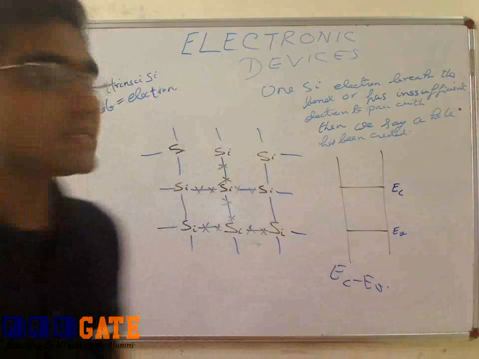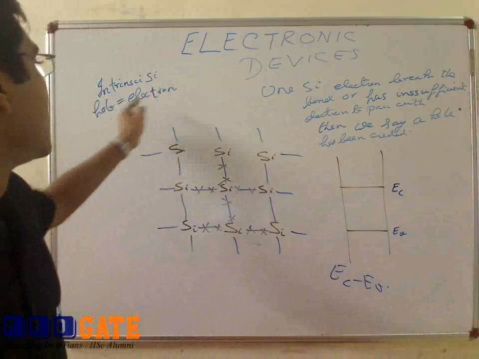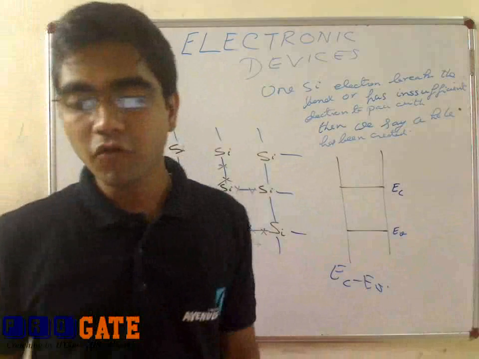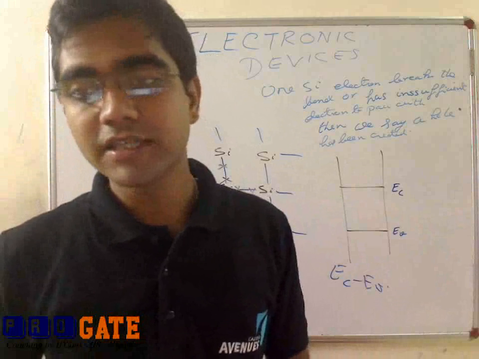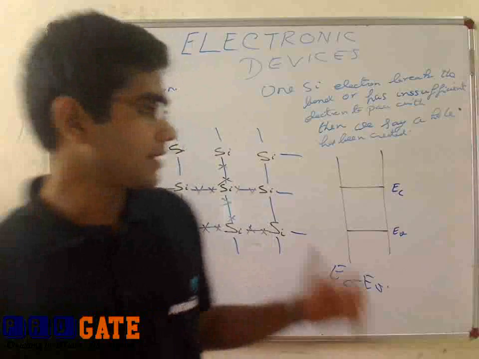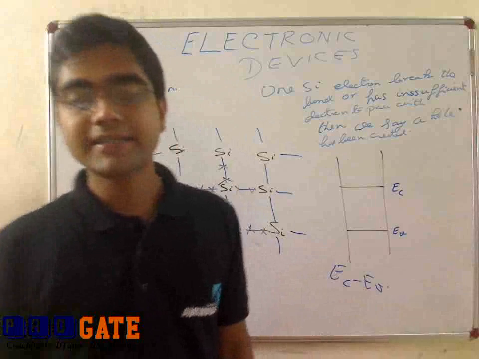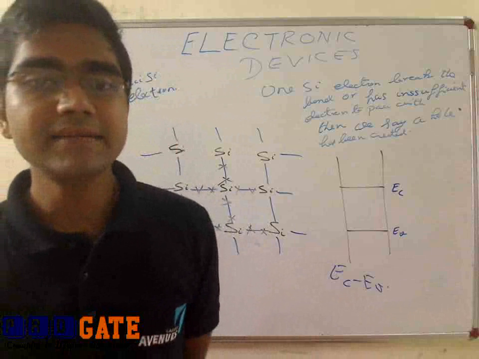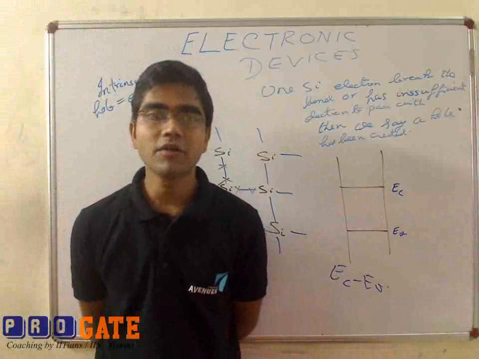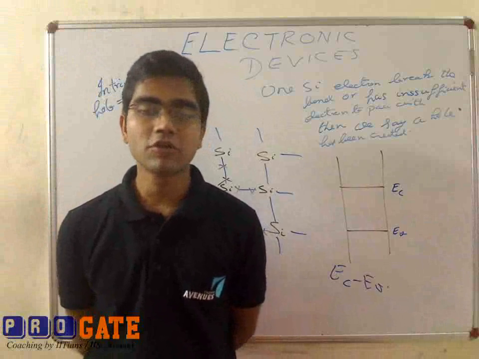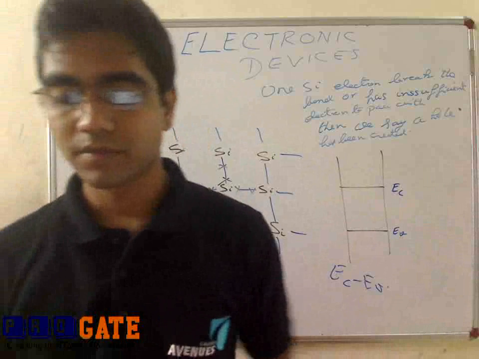In case of intrinsic silicon, the total number of holes is equal to the total number of electrons found in the particular semiconductor for electrical stability. And another reason is that since holes are created from electrons, obviously the total number of holes would be equal to the total number of electrons.